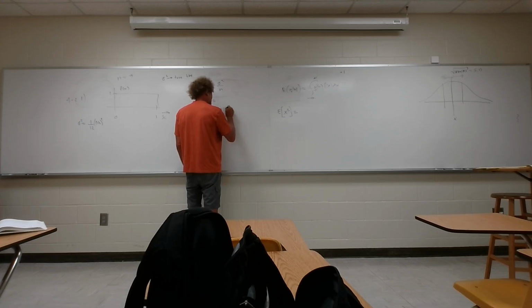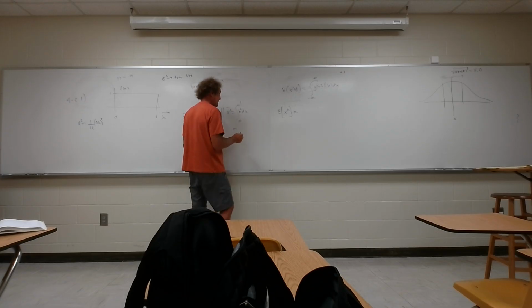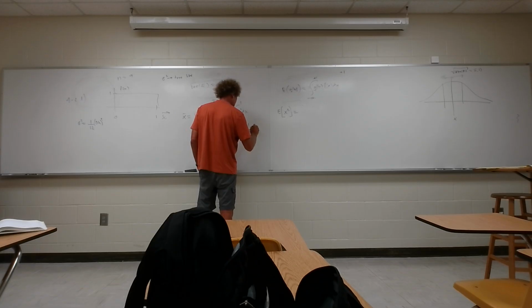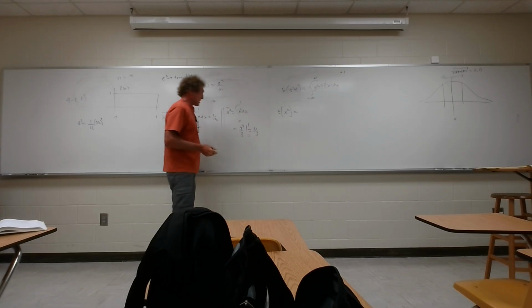So x squared bar, that would be the integral of x squared dx from 0 to 1. And that, obviously, is going to be equal to x cubed over 3 from 0 to 1, or it's 1/3. Y'all agree with that?